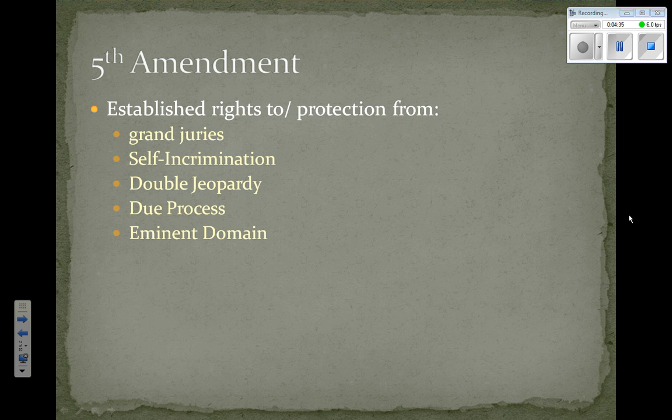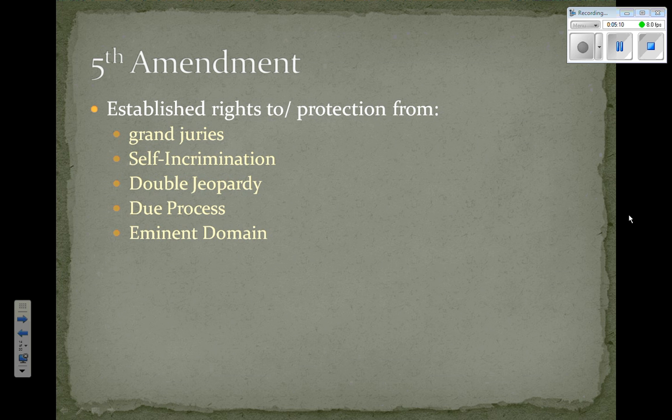So to clarify, say you do something wrong and you get arrested, and say that happens on March 21st. That does not mean that if you commit the same crime on March 22nd, you can't be tried for it or convicted for it. But you can't be charged for the March 21st crime twice. So it's saying you can't be charged for one incident of a crime more than once.